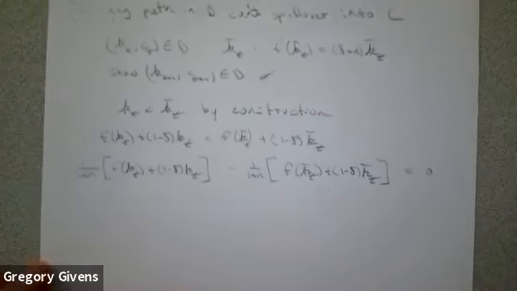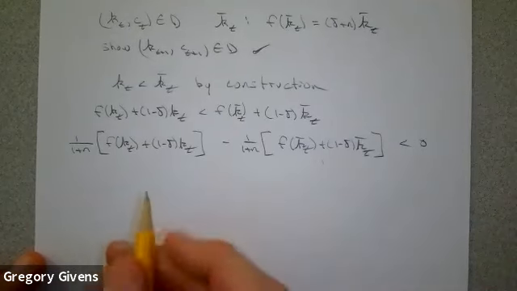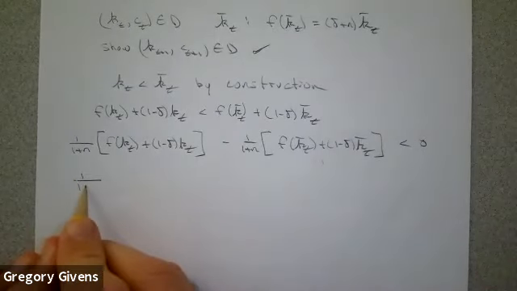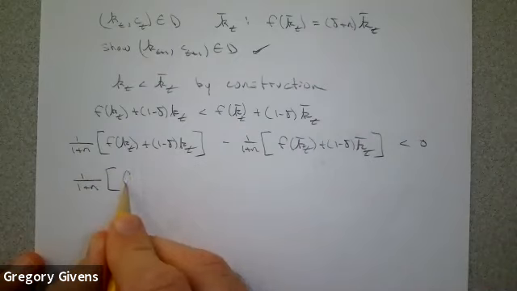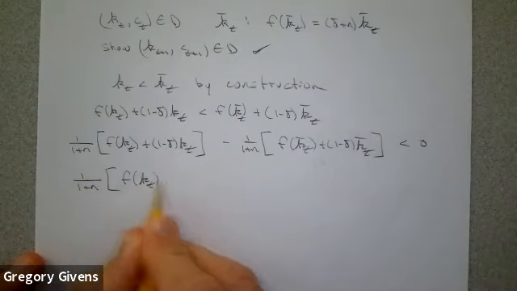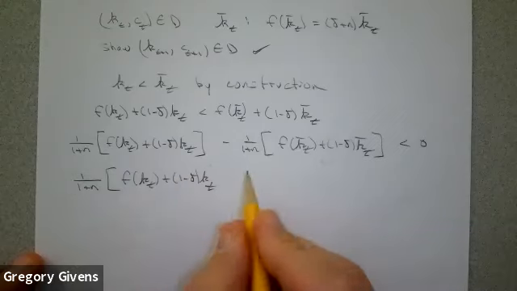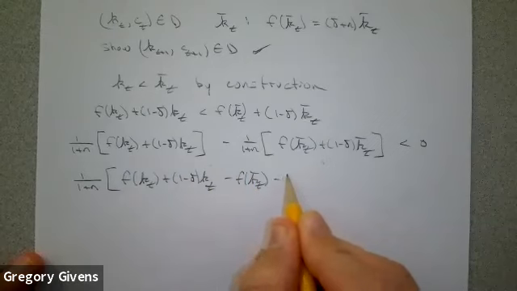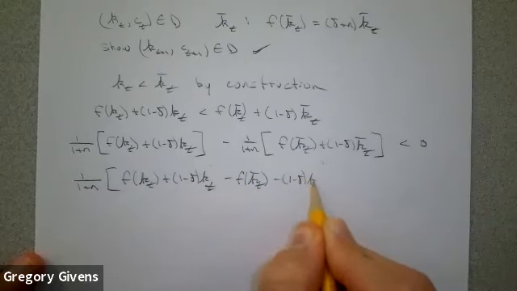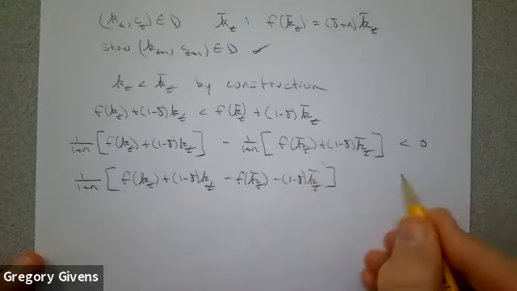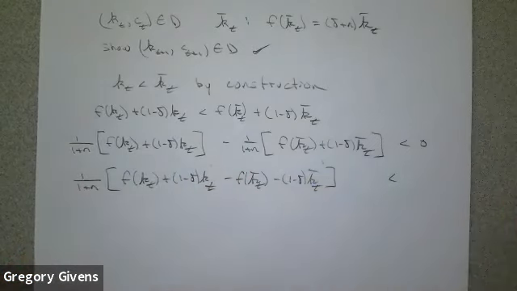If I combine the terms here, I get 1 over 1 plus n times f of k plus 1 minus delta k, minus f of k bar, minus 1 minus delta k bar, less than 0.